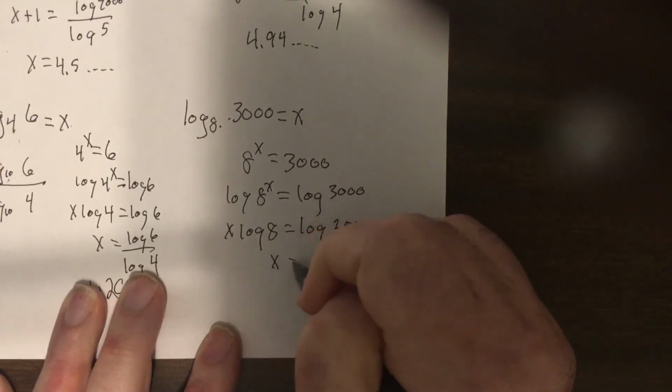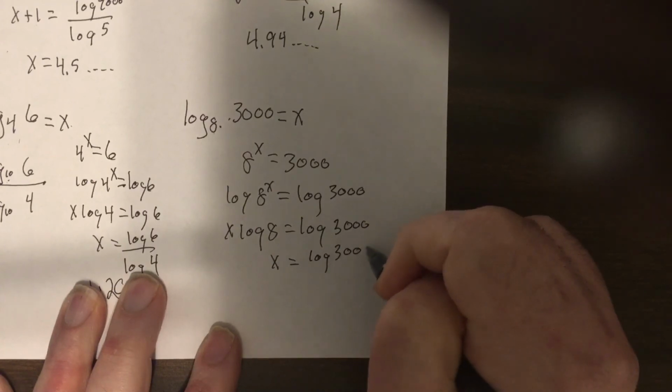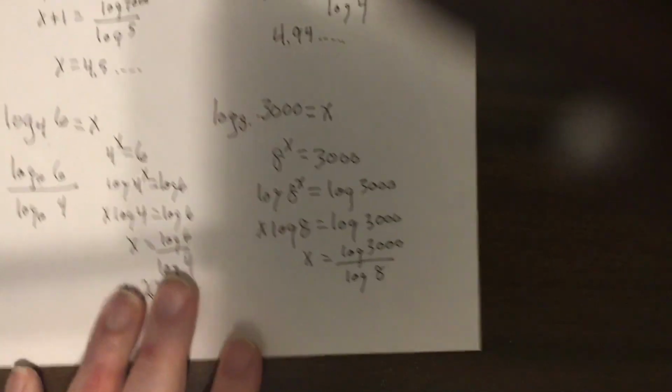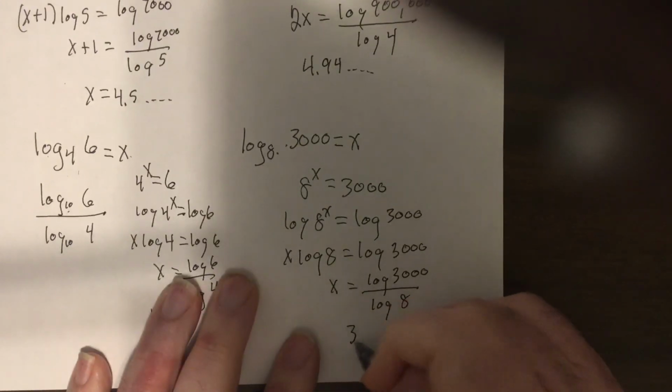Divide by log of 8. So log of 3,000 divided by log of 8. And it looks like it's 3.85, blah, blah, blah.